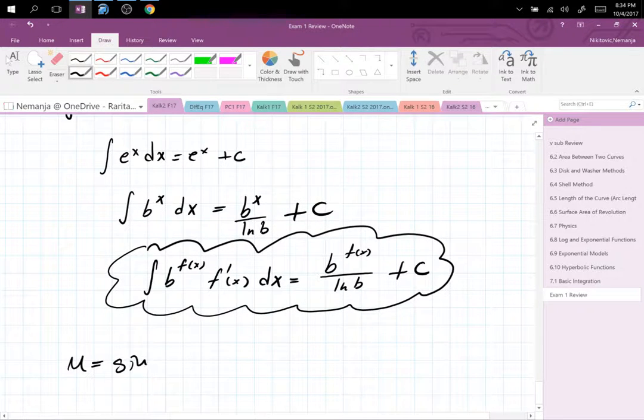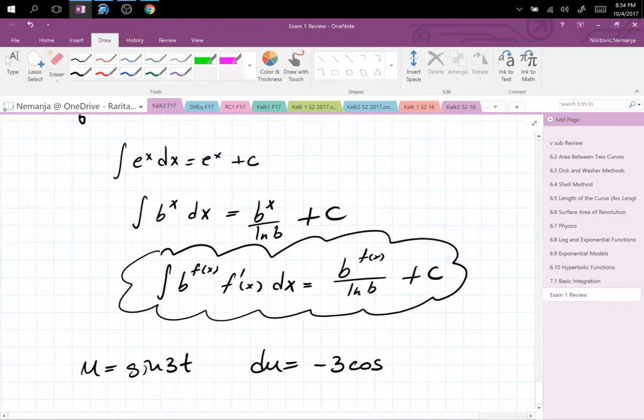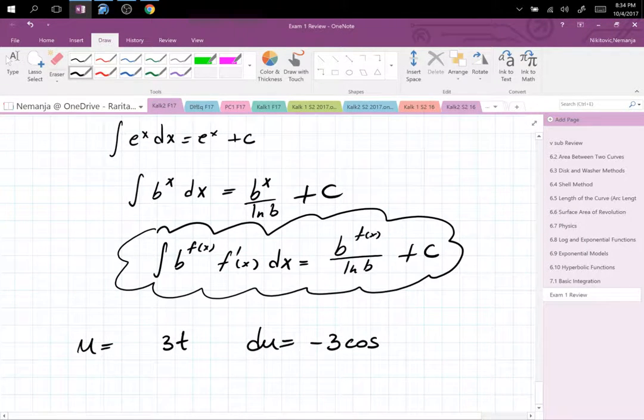U equals sine 3t, du equals negative 3 cosine, oh wait, no. It's cosine 3t, that's the exponent, and the integral is negative 3 sine, there we go, much better, 3t dt.